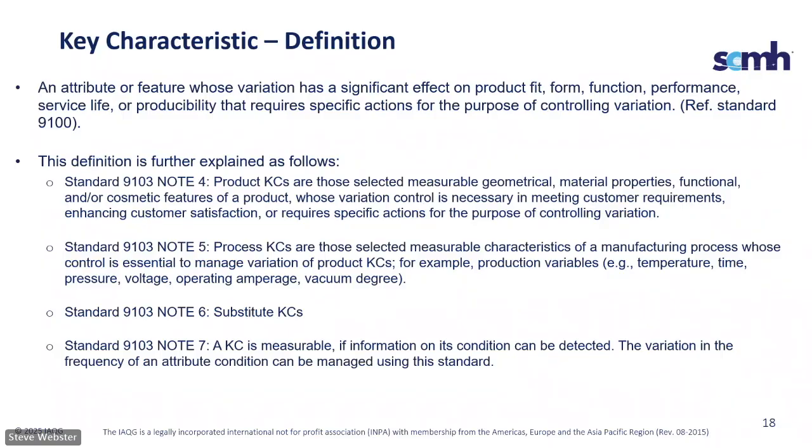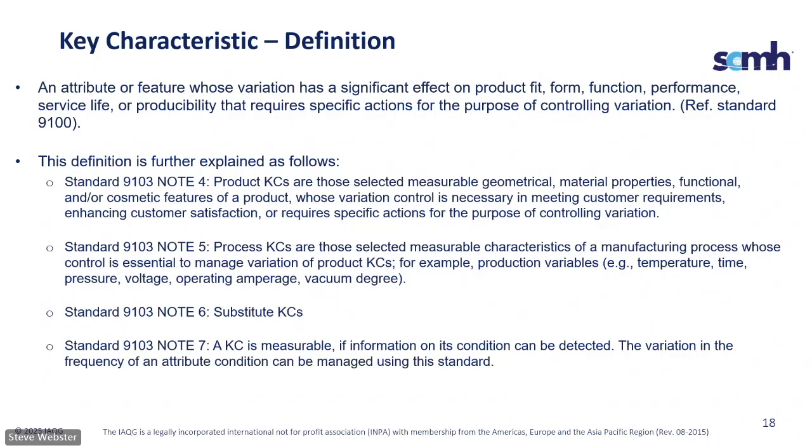IAQG standard 9103, titled Variation Management for Key Characteristics, further defines KCs into product and process and ties process KCs to product KCs by stating that control of process KCs is essential to manage variation of product KCs.